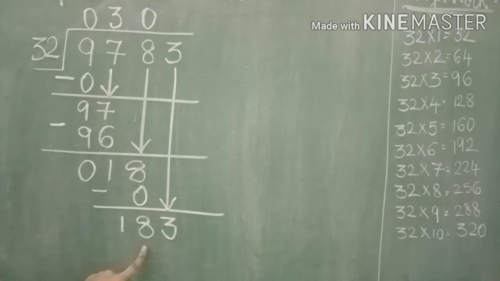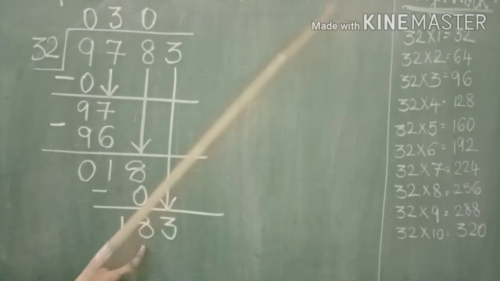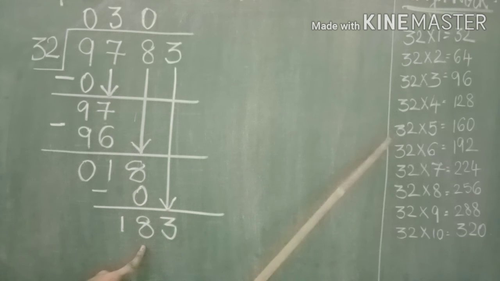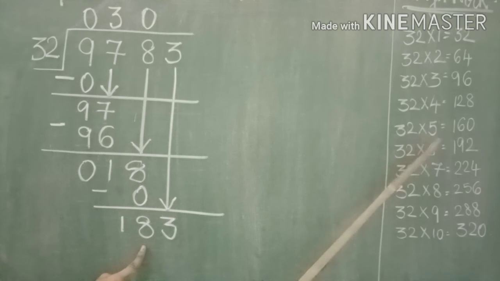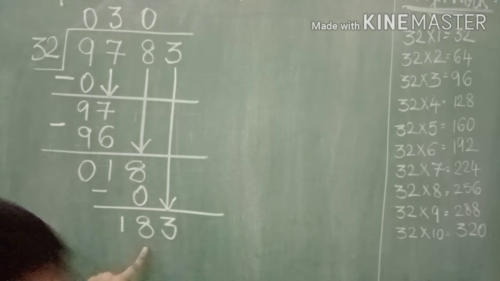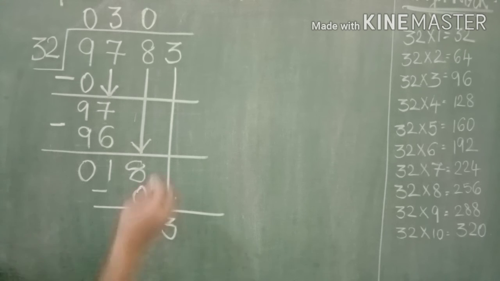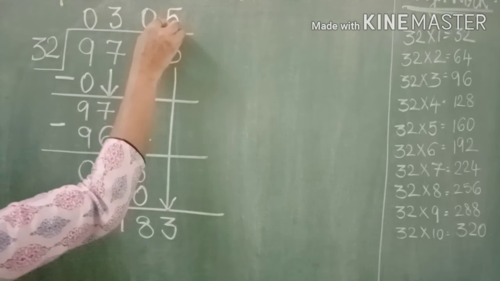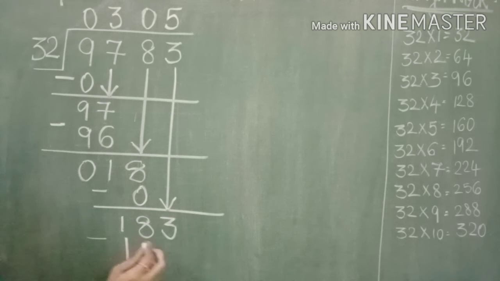And while mentioning, we have to check in the 32 table, is there any number smaller than 183? And we can find it over here, 32 fives is 160. So what we are going to write? We are going to write 32 fives, 160.